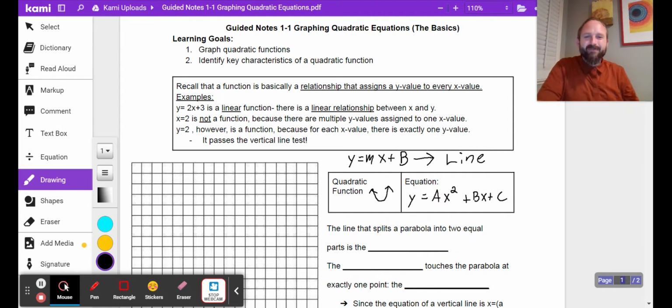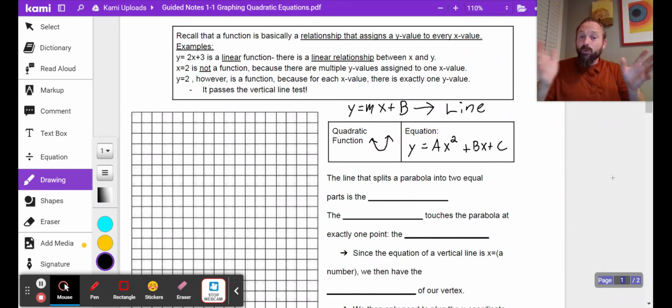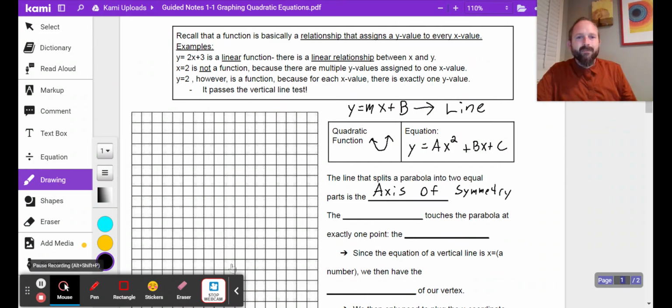There we go. So the line that splits a parabola into two equal parts is called the axis of symmetry. Now, it is this axis of symmetry that cuts a parabola or a quadratic function in half.